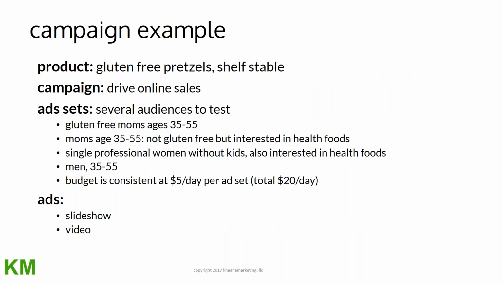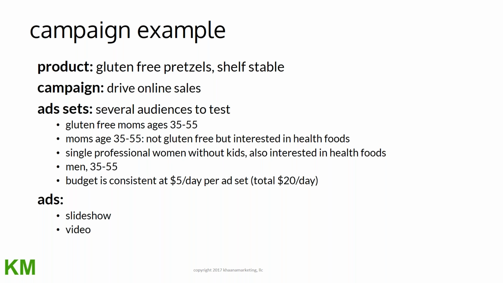So let's talk about an example campaign. For the purposes of this demo, I have created a company called Sam's Gluten-Free Pretzels, and their product is shelf stable, so it can be sold online. Our campaign objective will be to drive traffic. Even though it says online sales here, I'll explain why we can't actually show a demonstration of conversion in just a second.